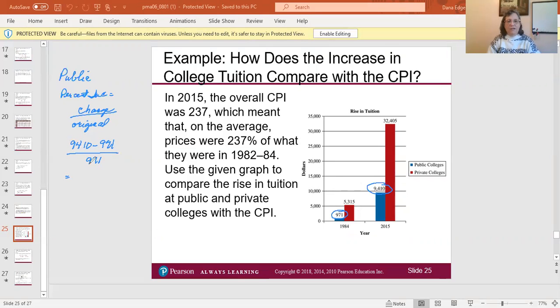So 9410 minus 971 is going to be 8439, divided by 971. Well, it's not quite 10 times as much.